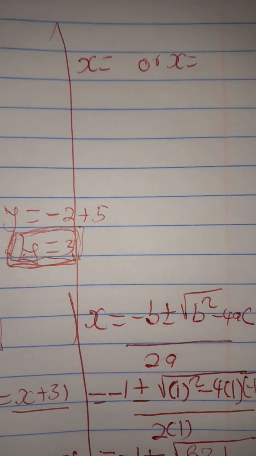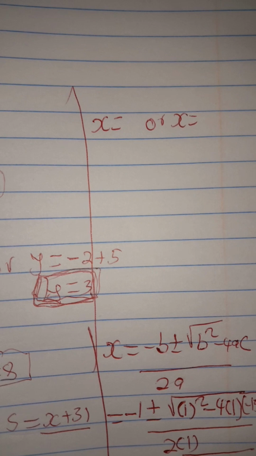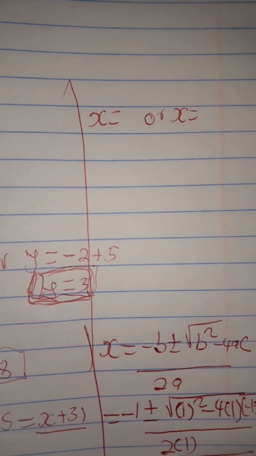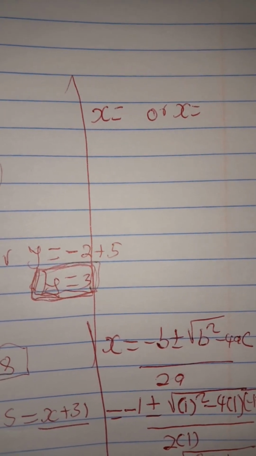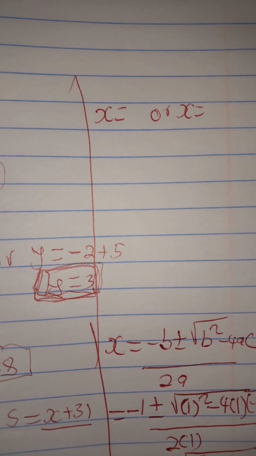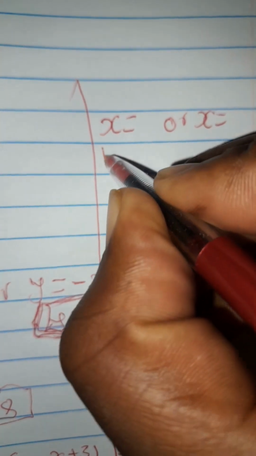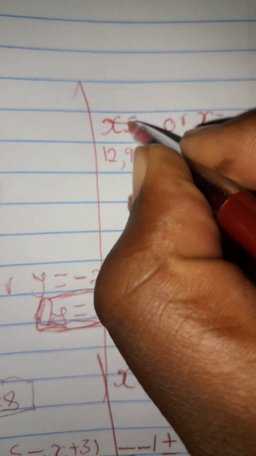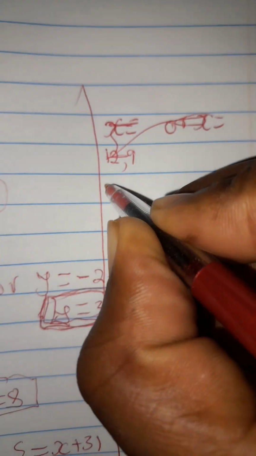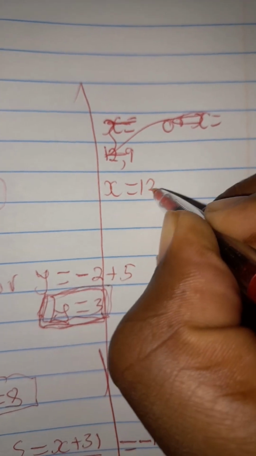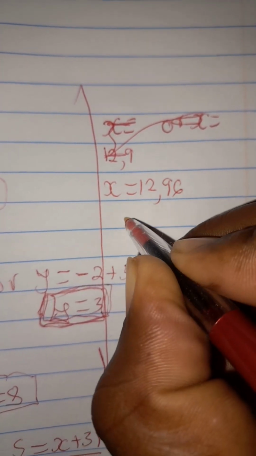It's point 96. After you have punched in negative 1 plus root 621 divided by 2, your answer is 12.96. So let me just write it well. x is equal to 12.96, correct to 2 decimal places.